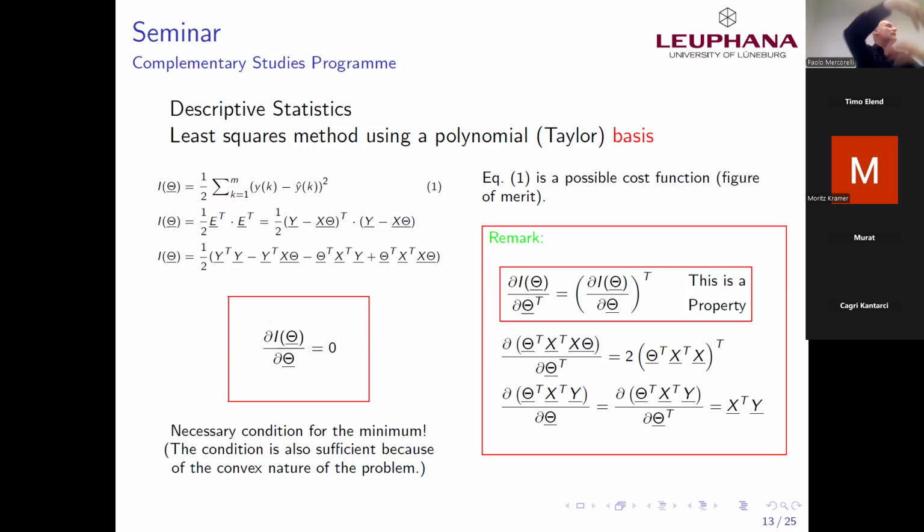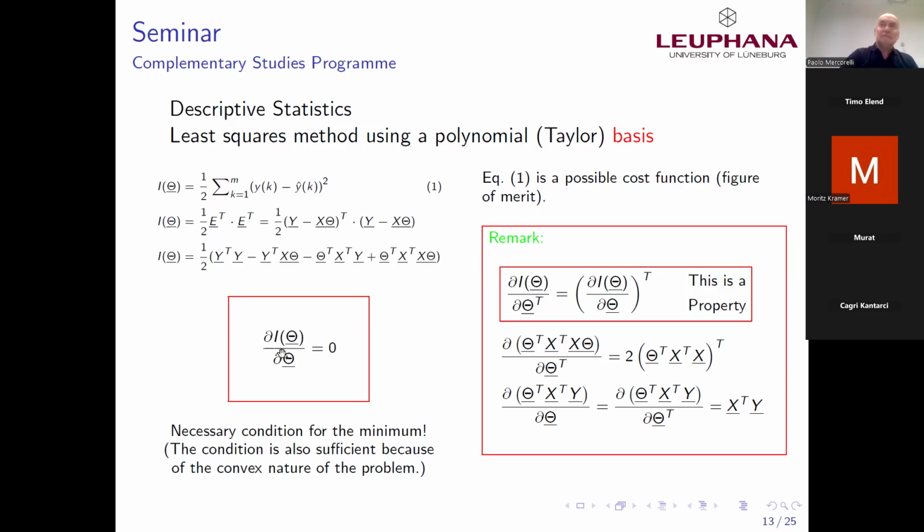Do you remember in high school, x squared plus 1, find the minimum. This is a convex function. We don't need to calculate the second derivative and so on, because if you know that the function is convex, it's enough to calculate the derivative with respect to x. Now, here it is quite similar. If the optimization problem is a convex problem, this condition reflects what we learned in high school, but of course theta is a vector, not a single variable, consisting of many parameters, or you can reformulate everything as a multivariable function anyway.